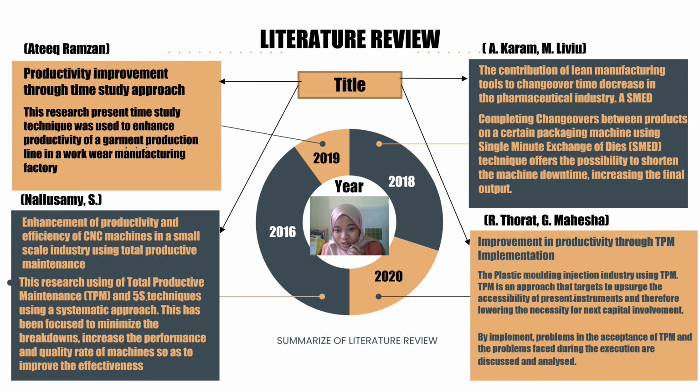So, the last one, for 2020, the title is Improvement in Productivity Through TPM Implementation. In this research, the plastic injection molding industry used TPM, an approach that aims to increase the acceptability of the present situation. By implementing it, the problem can be solved.